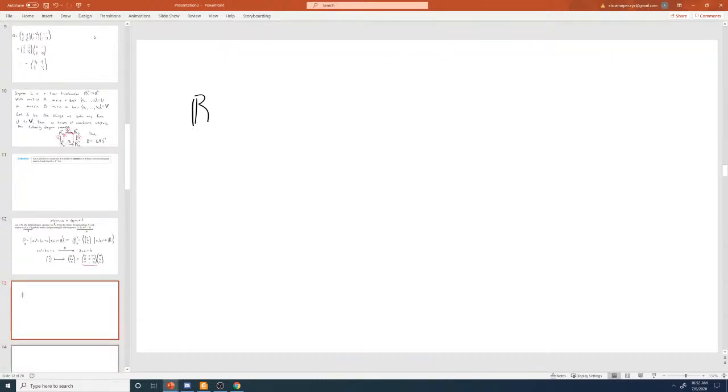I have R3, U, and I've represented the differentiation operator with respect to the basis U, and it's given by the matrix 0, 0, 2, 0, 0, 0, 1, 0. Now I want to find its representation with respect to the V basis.